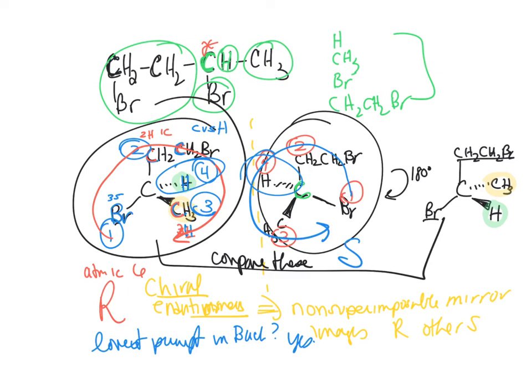Let's do another example where I just give it to you and you assign R and S. Okay, this is a good one here. Let's just do this one example and then we'll go on to cyclic compounds.